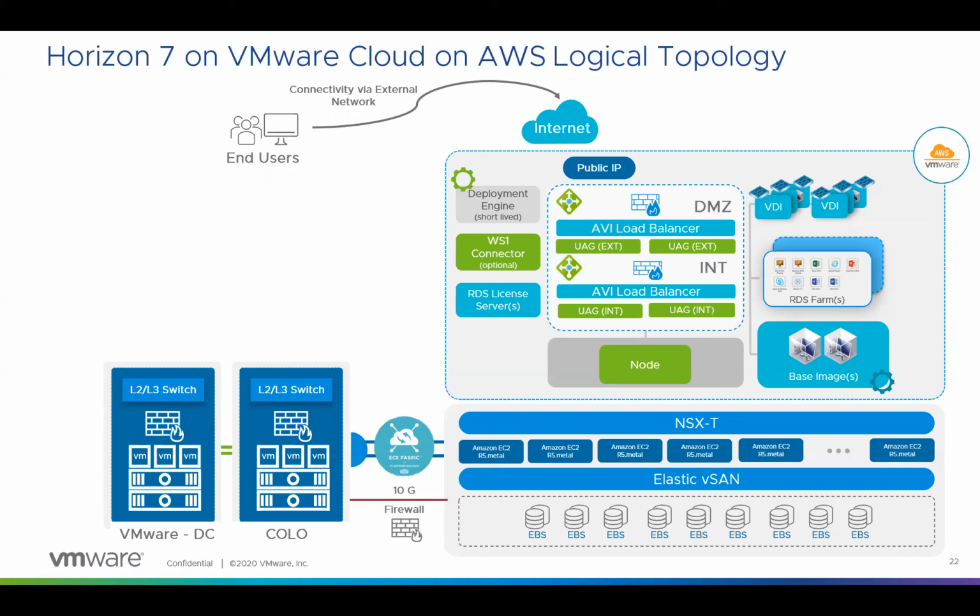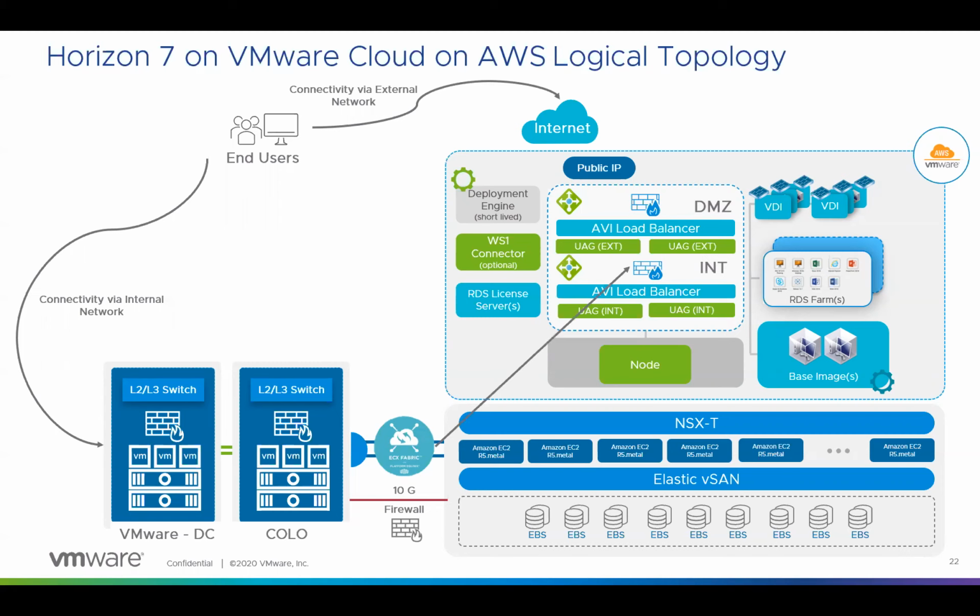Now we do have users on the on-premises network, and since we have a direct connect access established between VMware internal as well as VMware internal and our SDDC, these users can connect to Horizon 7 using the internal network.